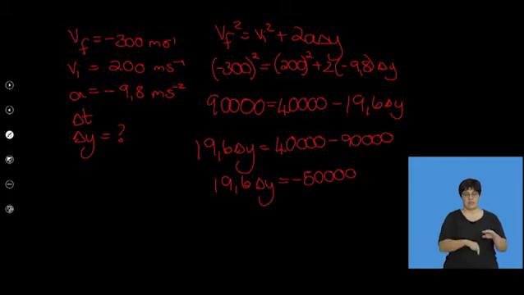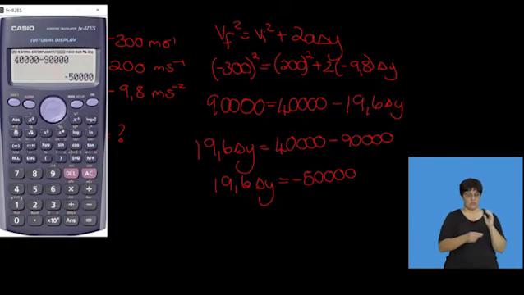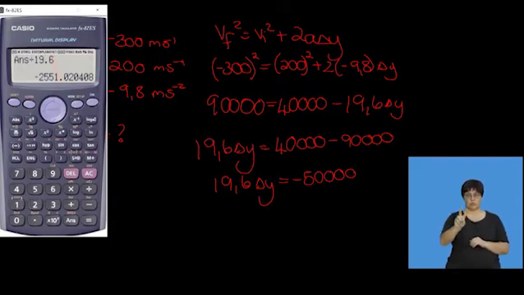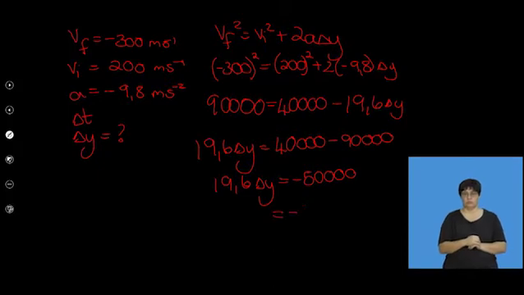And we're going to divide by 19.6 on both sides. So we take that answer, divide by 19.6, and I get minus 2,551.02.